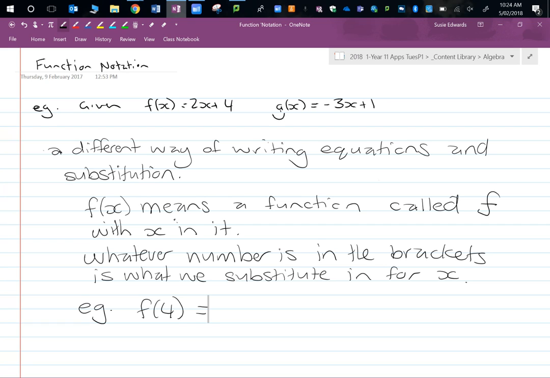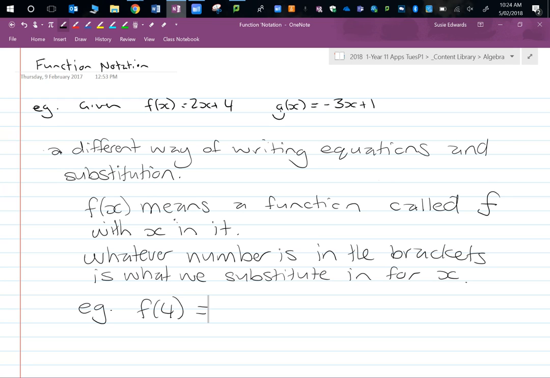Okay, but instead, when we're looking at functions and graphing, and your calculator uses it this way as well, what we say is a function of x. Now, a function is like a graph, or of something. A function with x in it is what this is saying. Now, we often use f to start with, so a function of x is 2x plus 4.